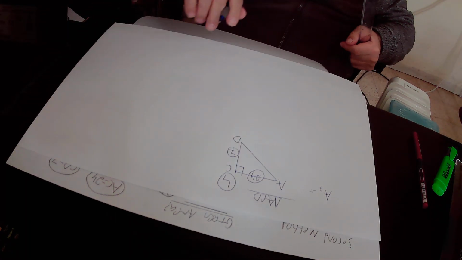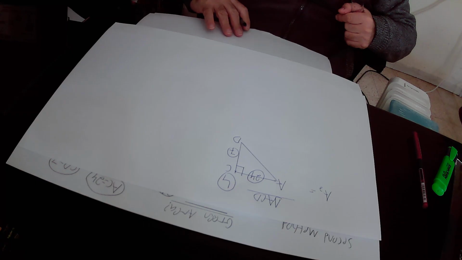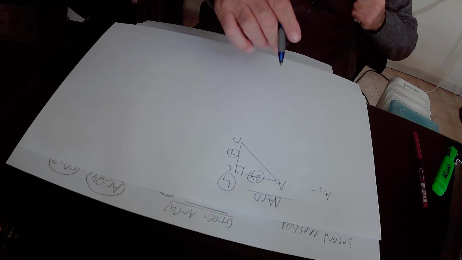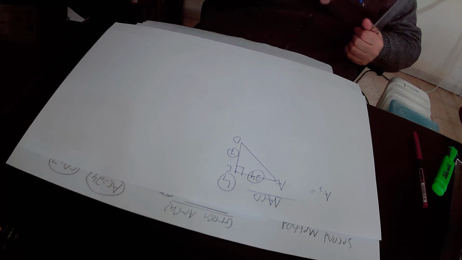So actually, this is the green right triangle ACD that I copied from the original drawing. The area of this green right triangle is the value of A2.